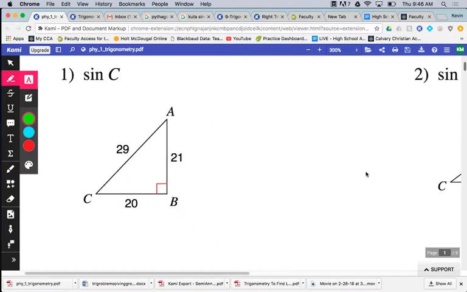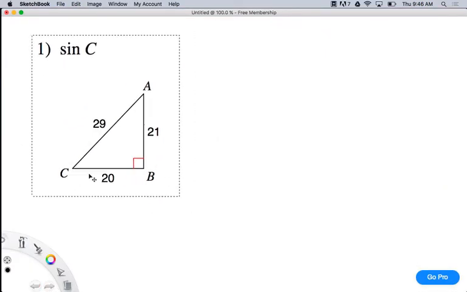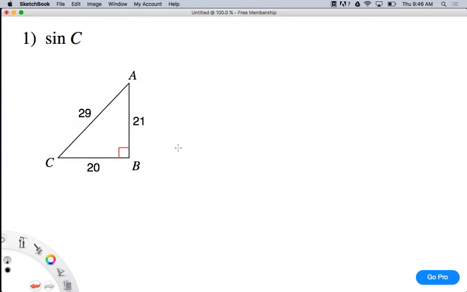So let's take a look at number 1. Number 1 is asking a different question. In order to do this question, you have to first identify the sine of C, which means the sine of this angle. The sine of an angle is opposite over hypotenuse.